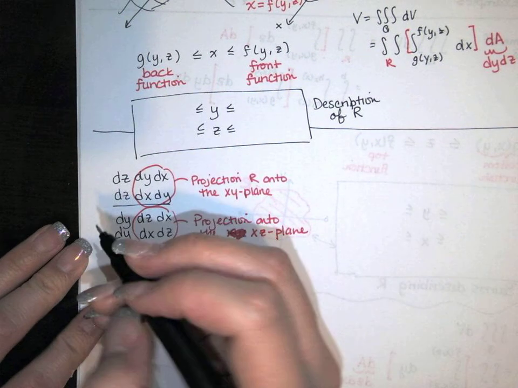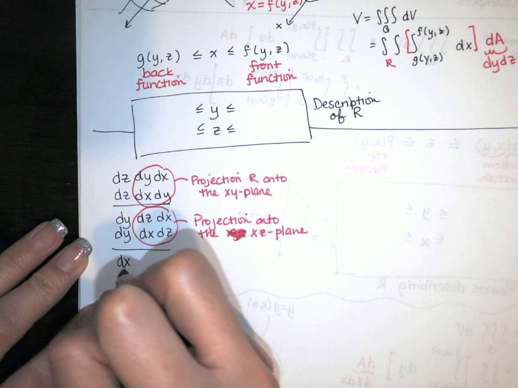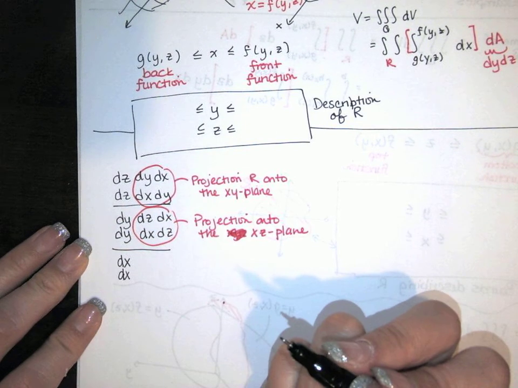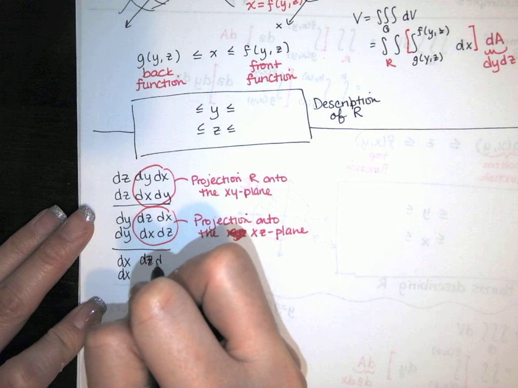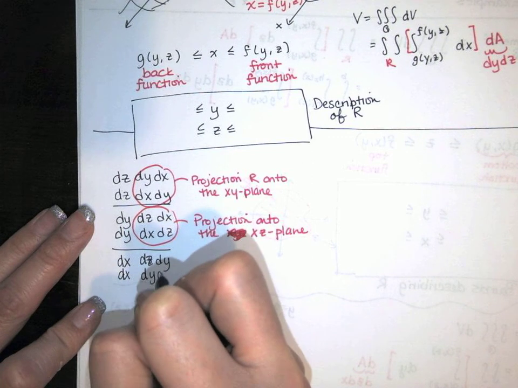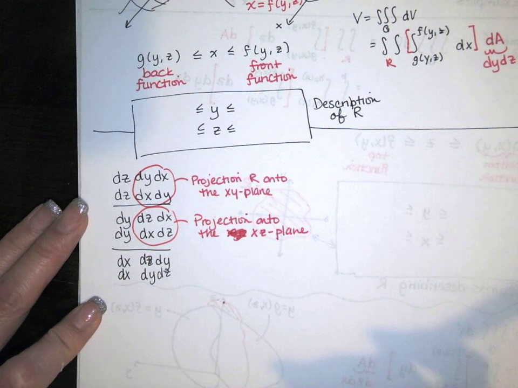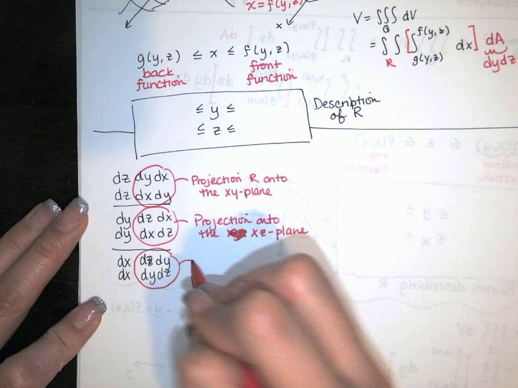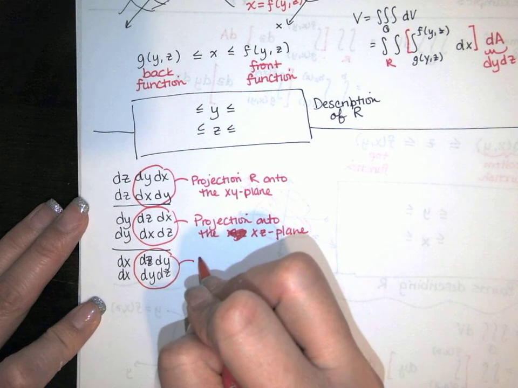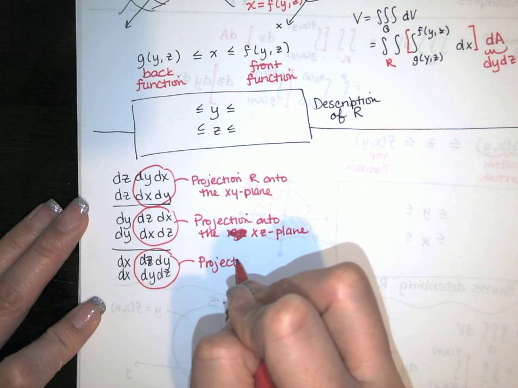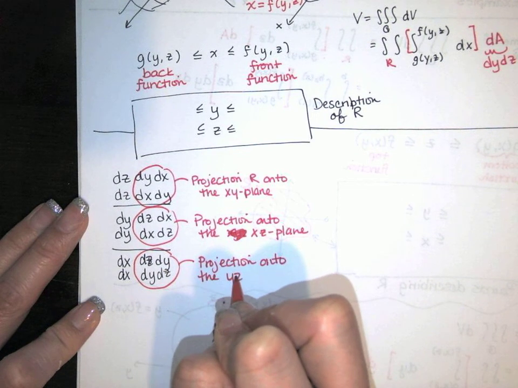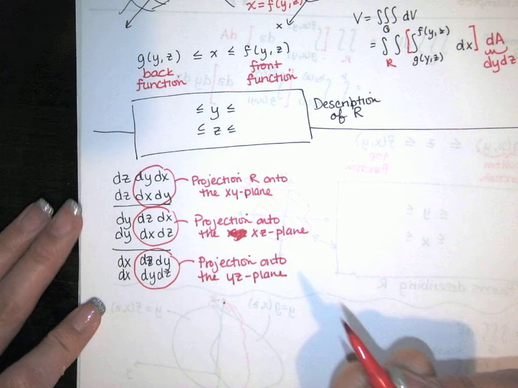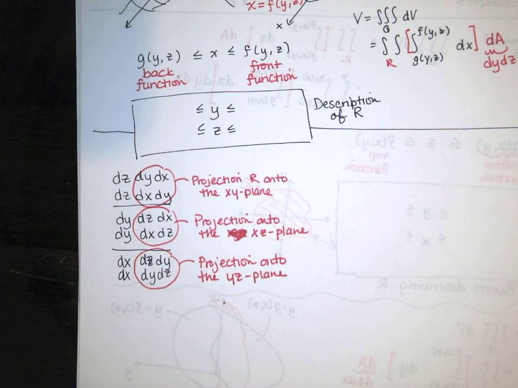Or the third possibility is we could let x go from a back function to a front function, and then we could integrate with respect to y and then z, or z and then y. But here, then we would project onto the YZ plane. So those are your options.